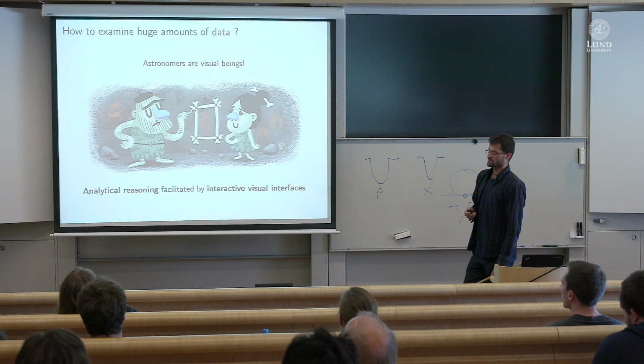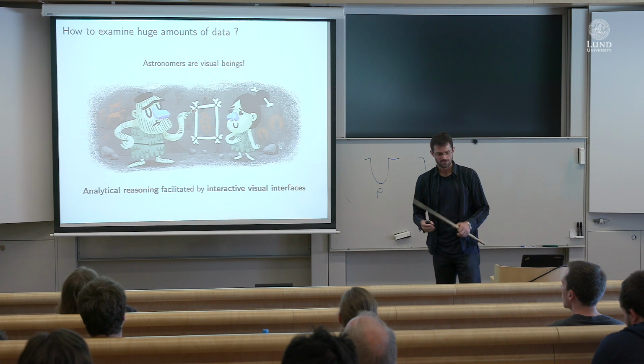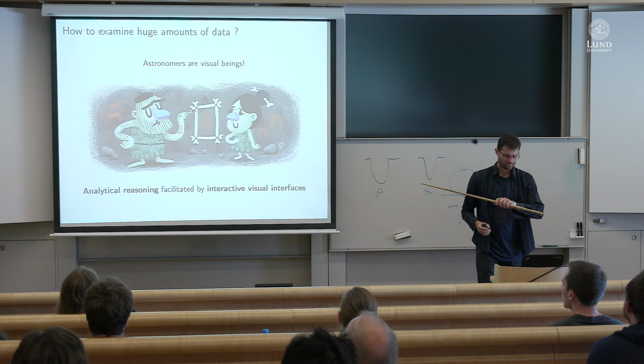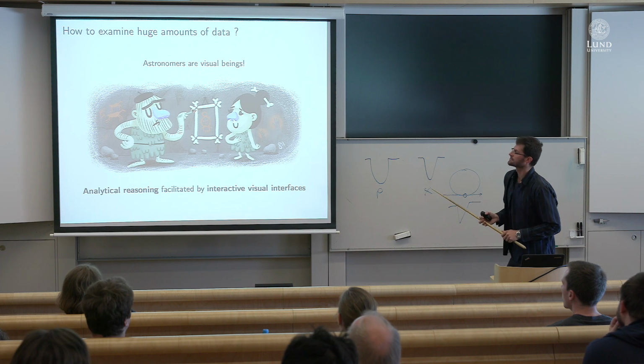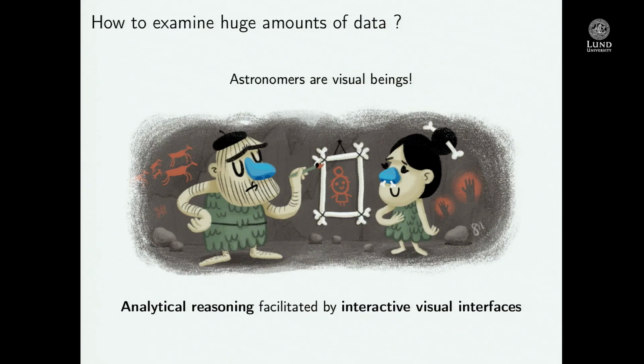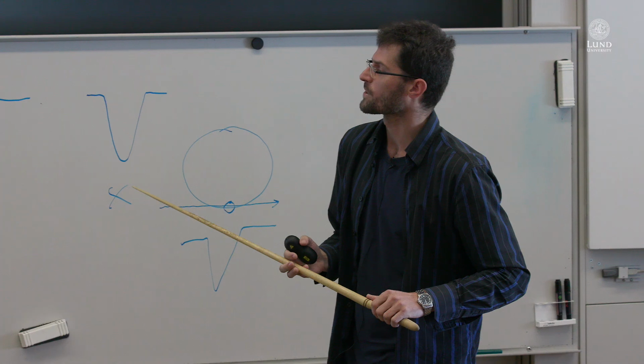So the question is now, okay, we have all these large data sets, and how do we handle the amount of data? Because you saw that we were measuring up to, let's say, 1 million spectra. Of course, it's difficult to go through them visually. But still, we say that people are visual beings, so astronomers should be as well.